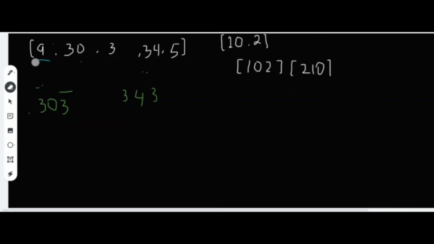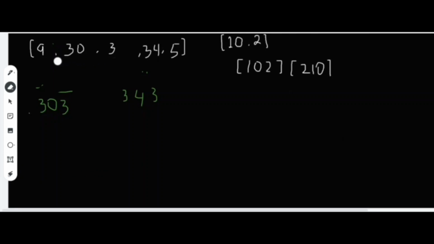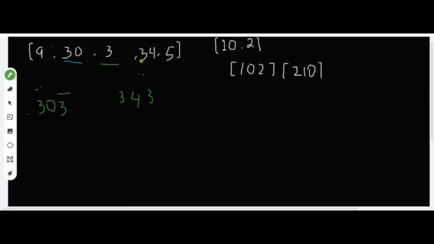Now you will move the blue pointer to the second index and the green pointer one step ahead of the blue pointer. So now again you will compare them.